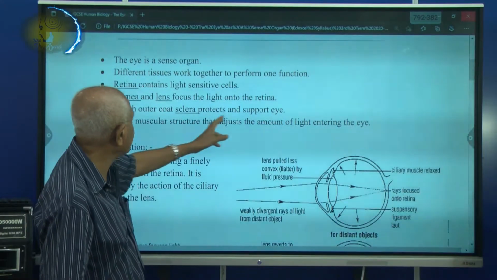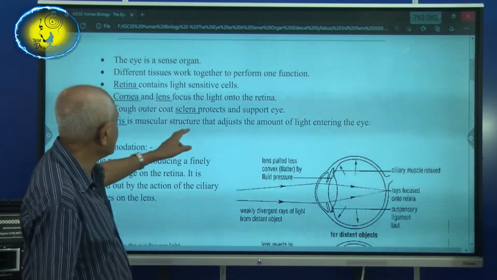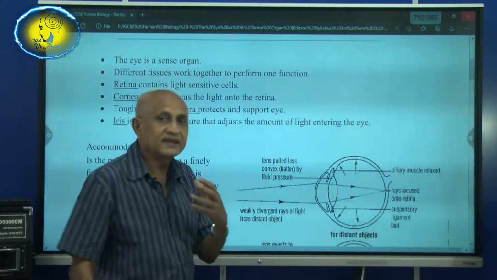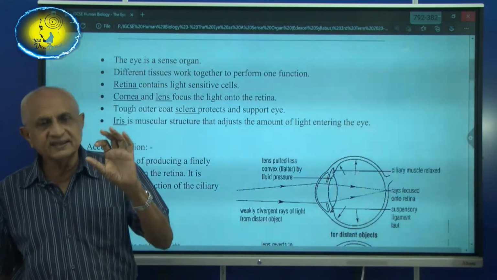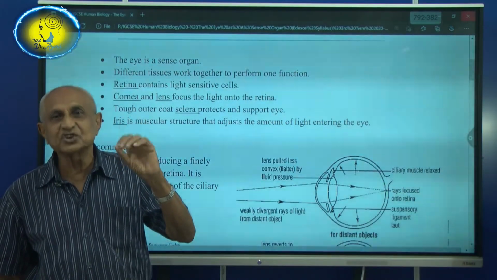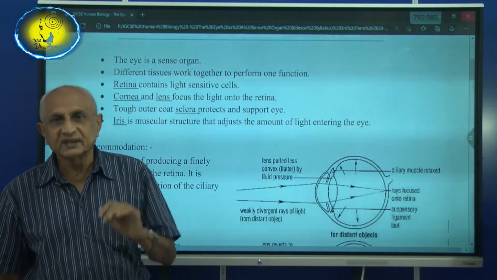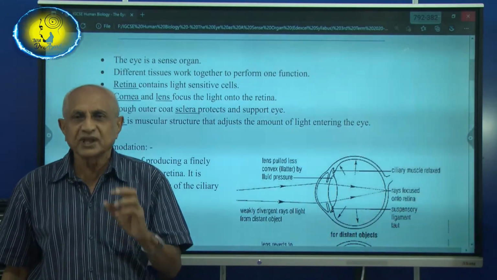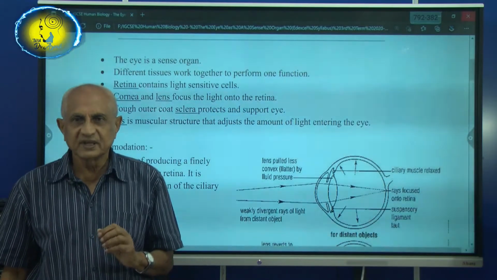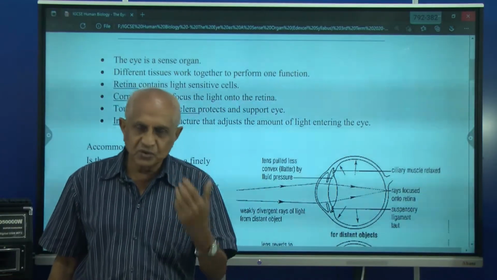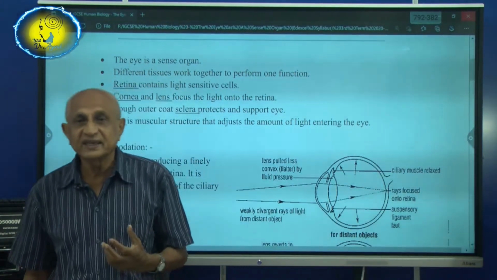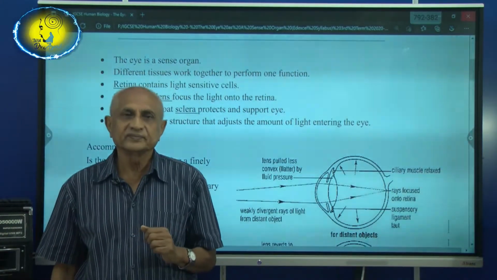Sclera is very important. Iris is a muscular structure that adjusts the amount of light that is entering the eye. Iris is like a shutter. It controls the amount of light that passes into your eyes. That depends on whether you are in a dark place or a place where there is enough light.